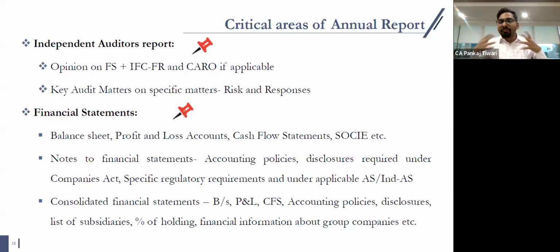For example, the opinion on the financial statements, coming from an audit background, is a template-driven report. If you compare five companies, you'll find the same kind of reporting everywhere, unless they have qualified the opinion of any particular company.